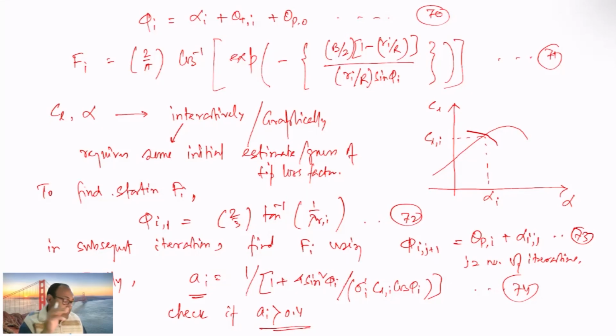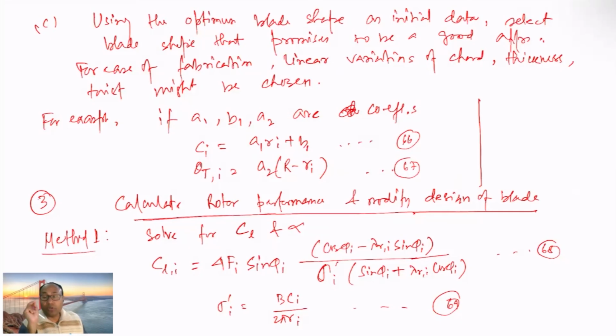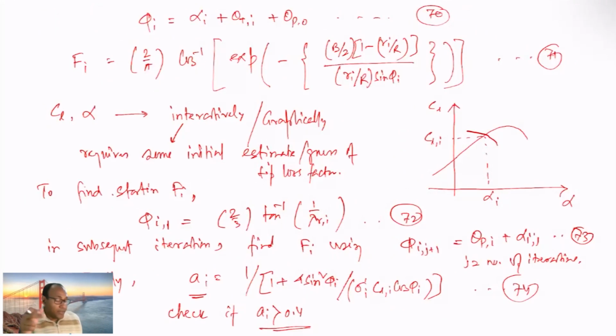But we will do that discussion here as well. So essentially in this method, we try to solve for CL and alpha. The initial CLI you get calculated using equation 68, where solidity is also calculated, and then you calculate phi, Fi, and all these things. But then you try to get CL and alpha by an iterative process or graphical process like this, where you have the plots and then for each section you get some graphical method.